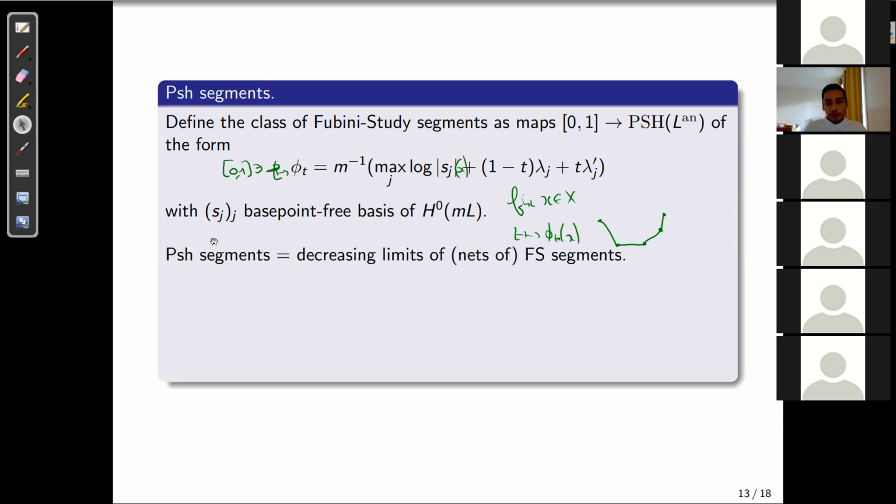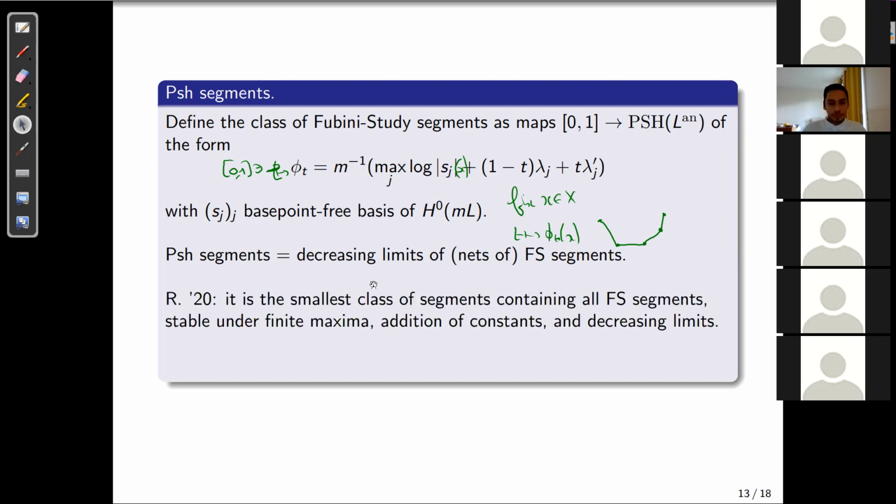And so as before, we are going to define a PSH segment to be a decreasing limit of a sequence or of a net of Fubini-Study segments. And we can prove that just as in the case of PSH metrics, it is the smallest class of segments in a certain sense that contains all Fubini-Study segments and is stable under finite maxima, under adding constants, and under taking decreasing limits.